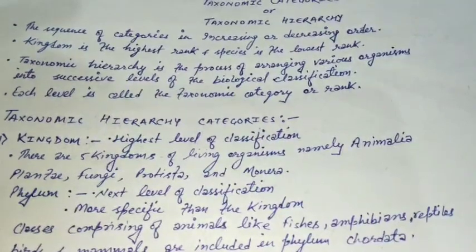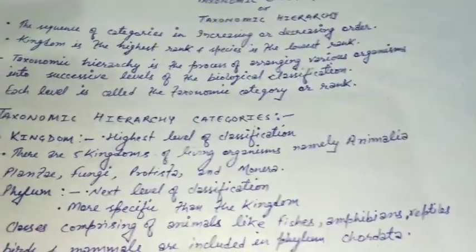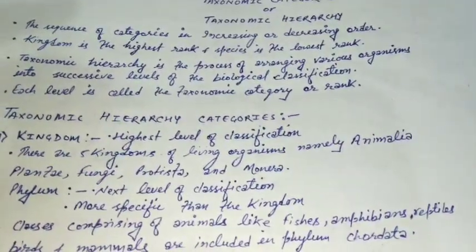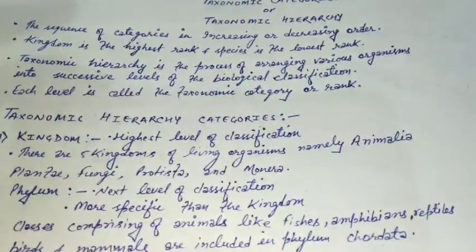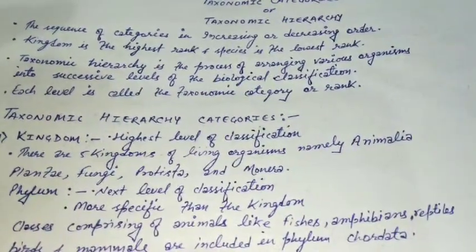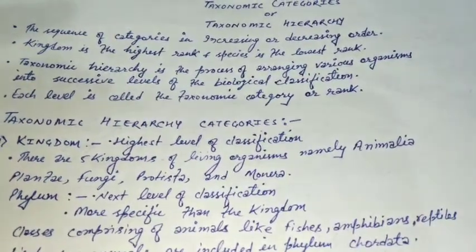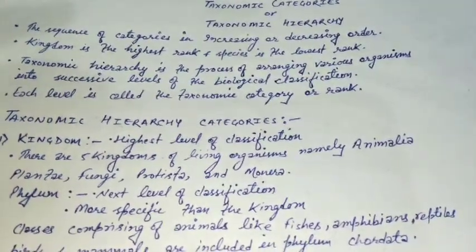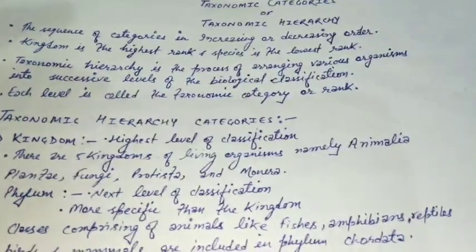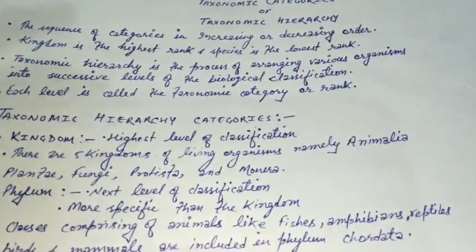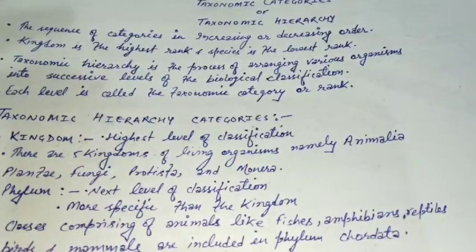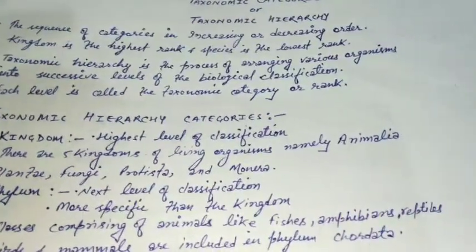As we mentioned earlier, there is a need for a classification system for living organisms, and taxonomic hierarchy includes all the taxa, all the categories in which an organism is placed.